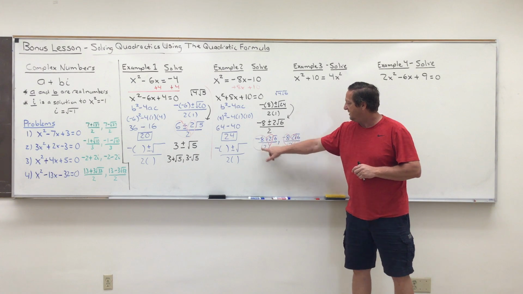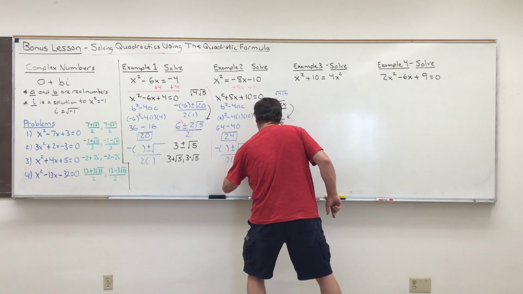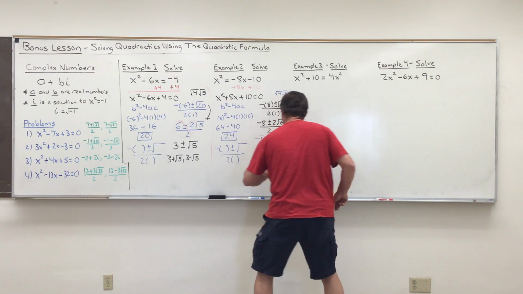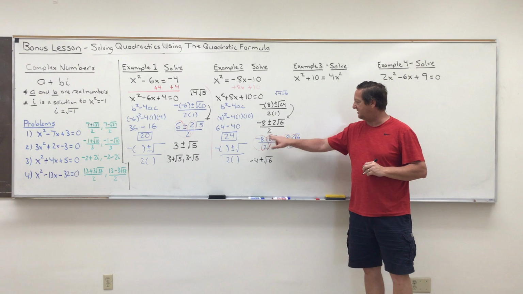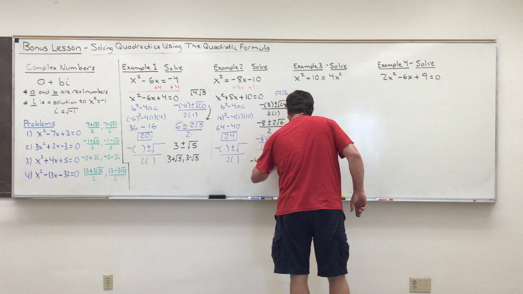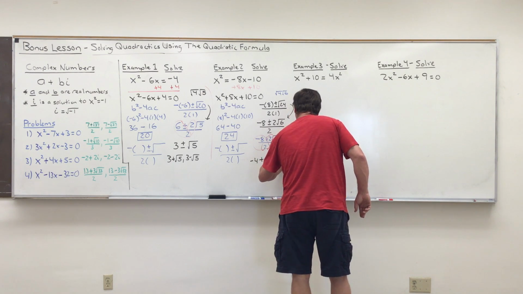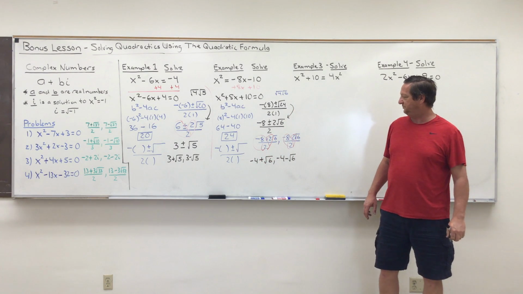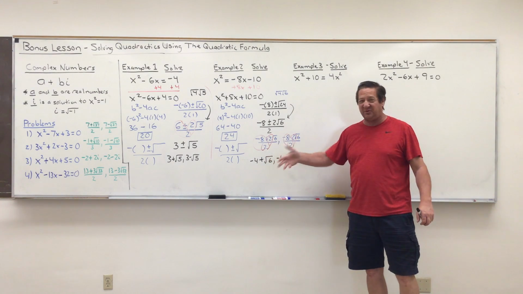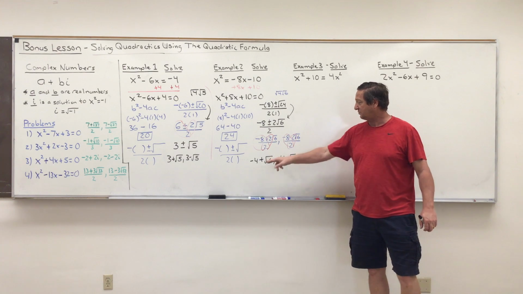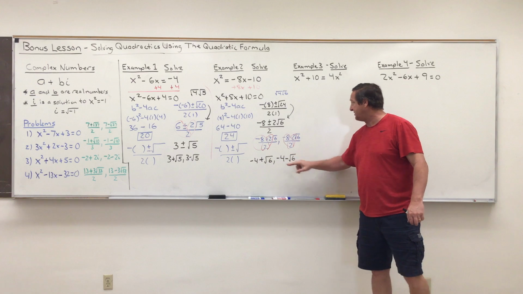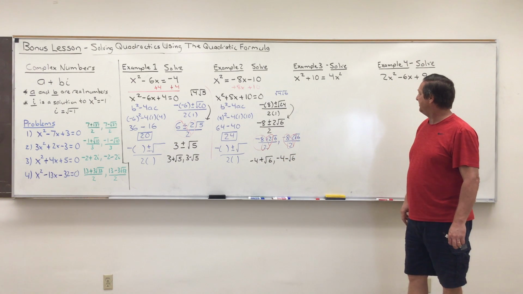So we have negative 4 plus radical 6, because the 2's are going to cancel to 1, and negative 4 minus radical 6. Remember, these two answers are going to be the same except for the plus and minus. So once you have one, you have the other one. You just exchange the plus for the minus right there.